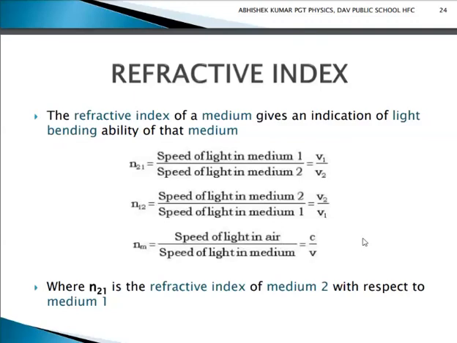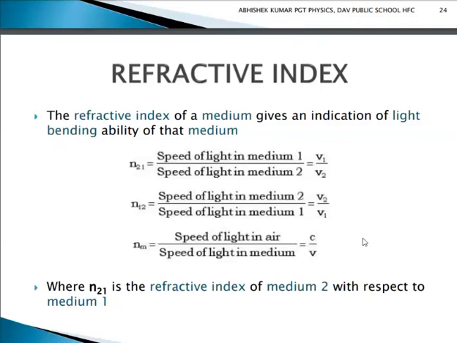So the absolute refractive index of any material medium is denoted by Nm here, but you must write mu in your textbook. It is the ratio of the speed of light in air or vacuum to that in the medium.